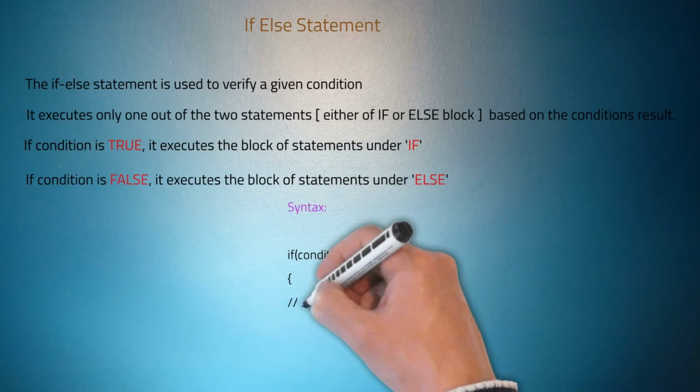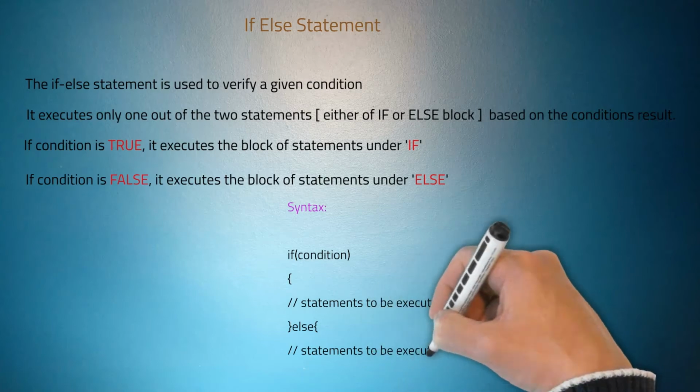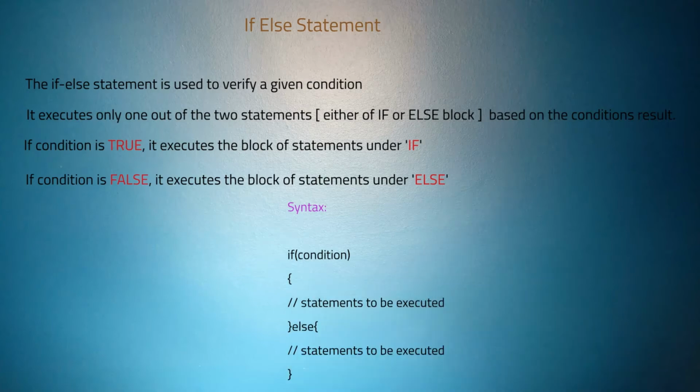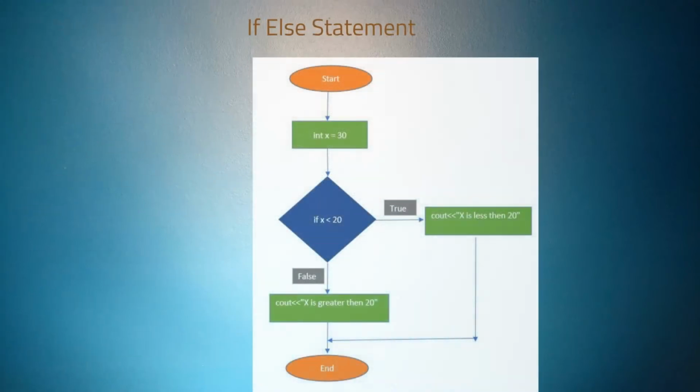The syntax of the if-else block is if with condition in brackets followed by statements to be executed in curly braces, followed by the else block with statements to be executed in curly braces. In the flowchart representing if-else, x is initialized with a value of 30.